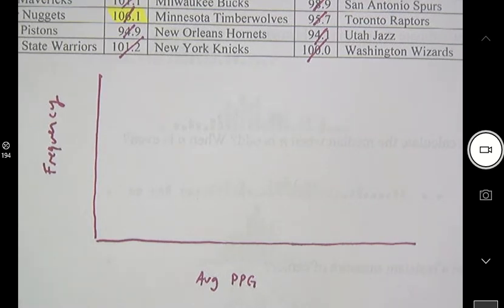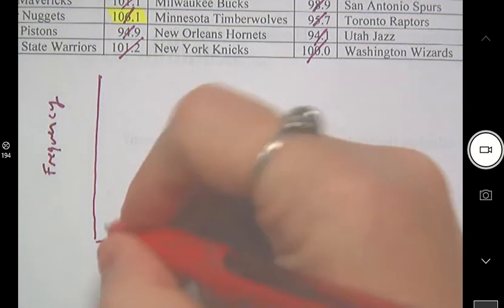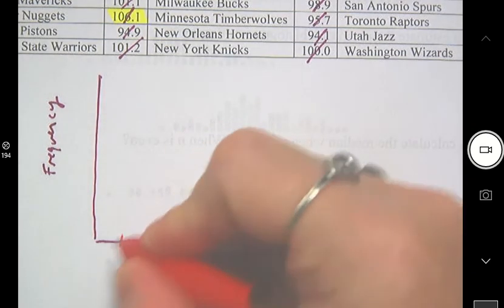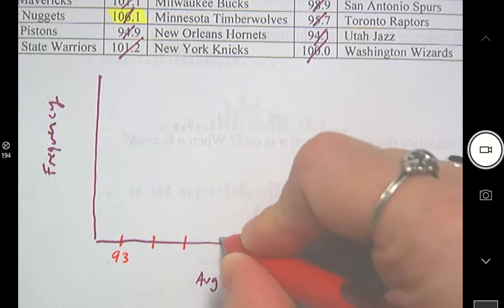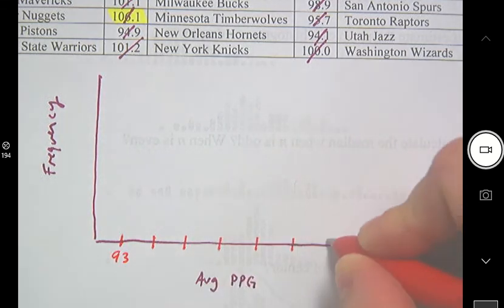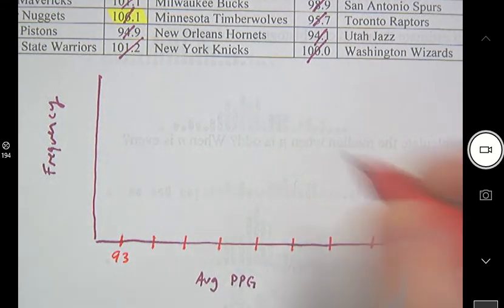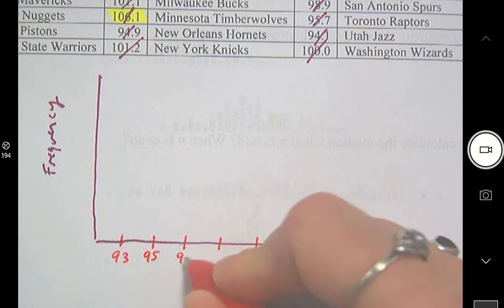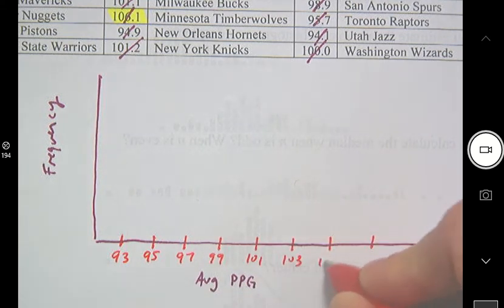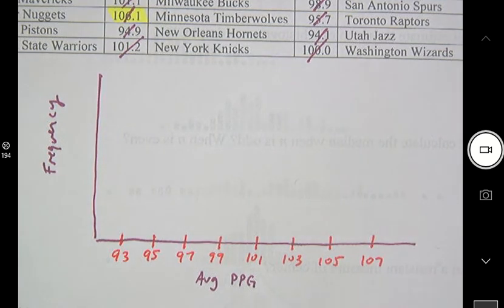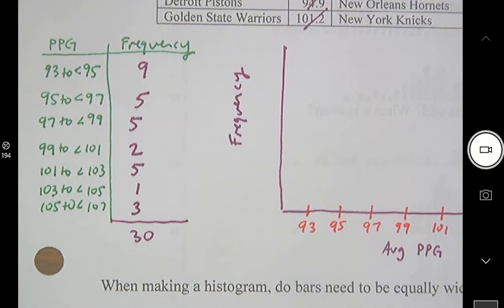We'll talk about that in just a second. 93, 95, 97, 99, 101, 103, 105, 107. My frequencies over there in purple go from 1 up to 9, so I think I'm just going to count up to 10.